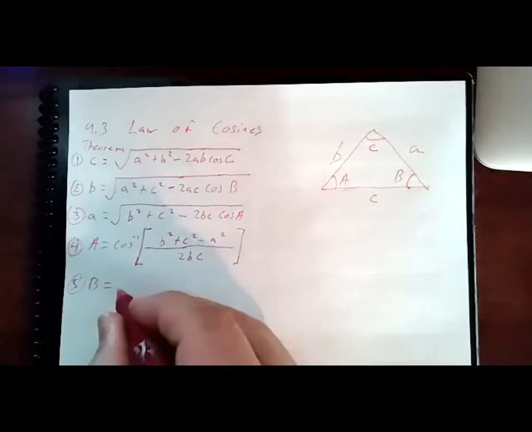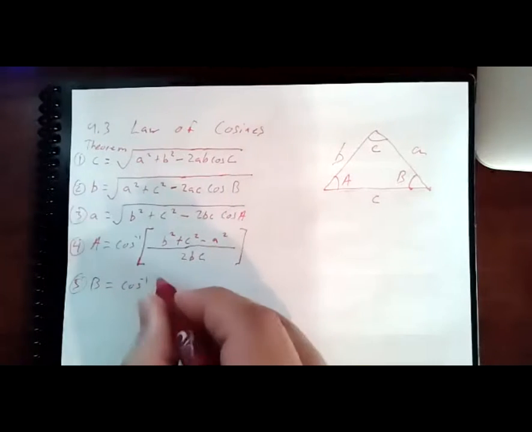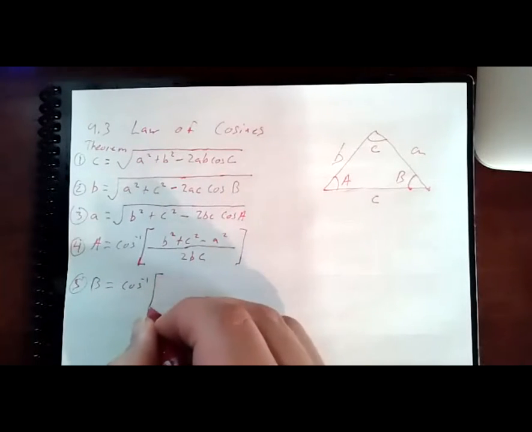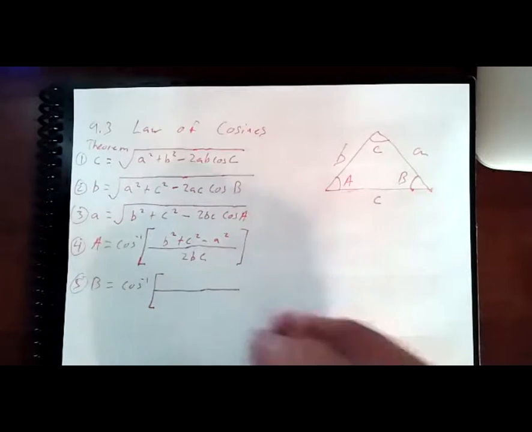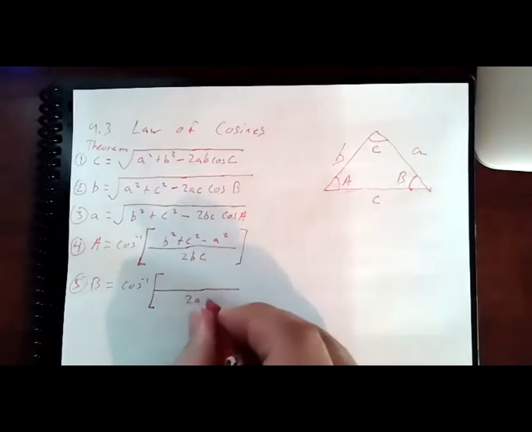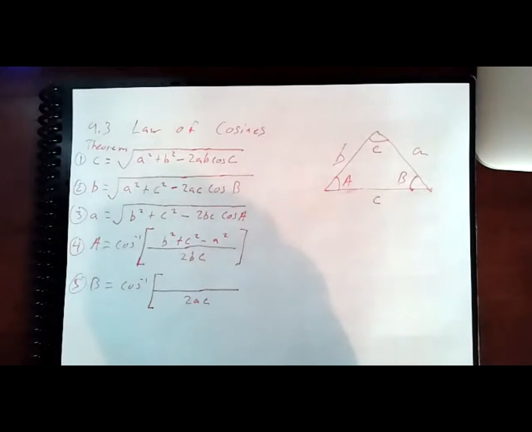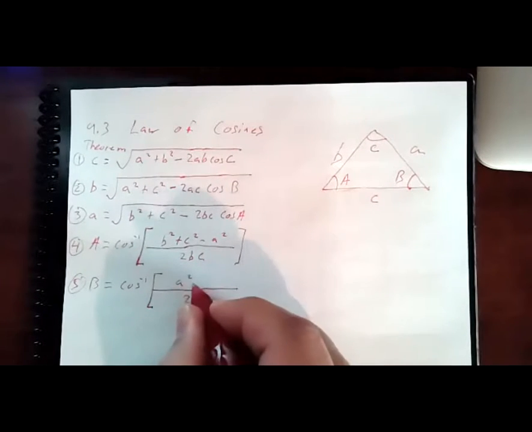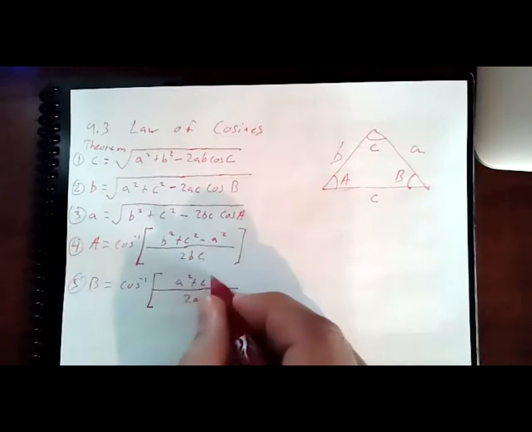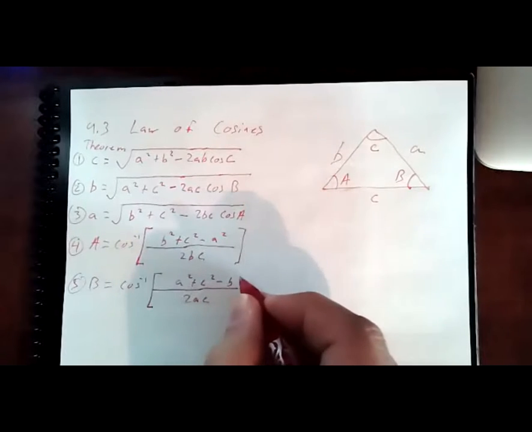Capital B is equal to cosine inverse of 2ac on the bottom. On the top, we should have a squared plus c squared minus b squared.